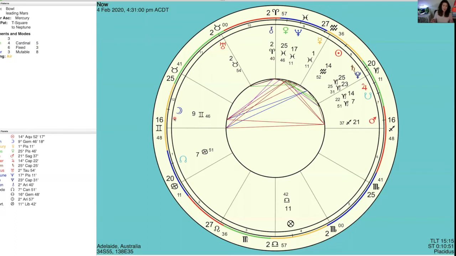So you can see that that's going to be very different, which is why when a lot of people read horoscopes for their sun sign, it doesn't really make a lot of sense to them, because they're not reading for where the activity really is for them. If you know your rising sign, it's great to start reading the horoscope for your rising sign.